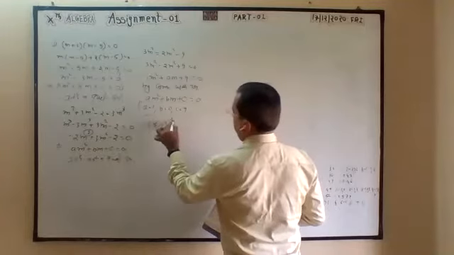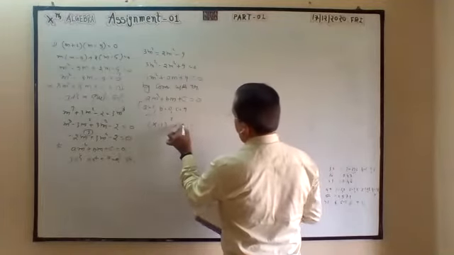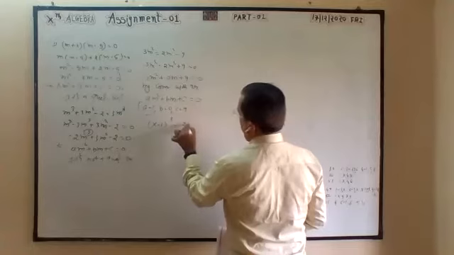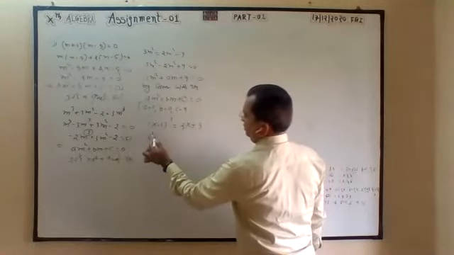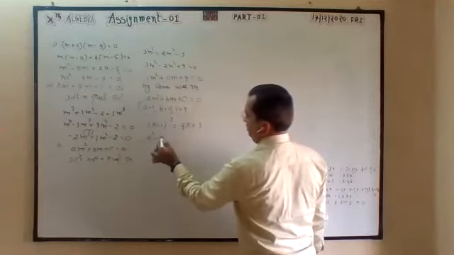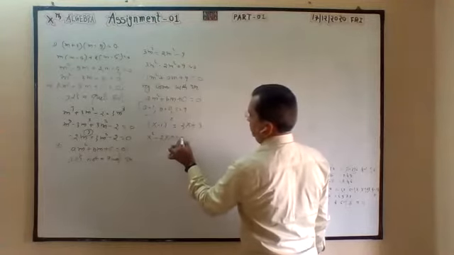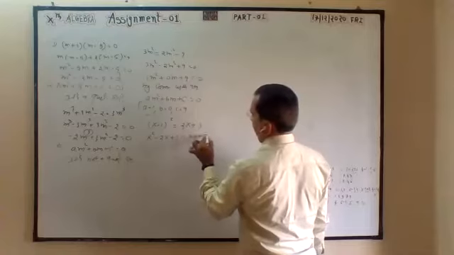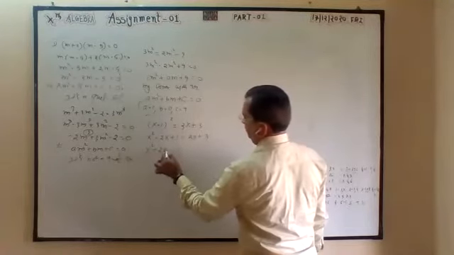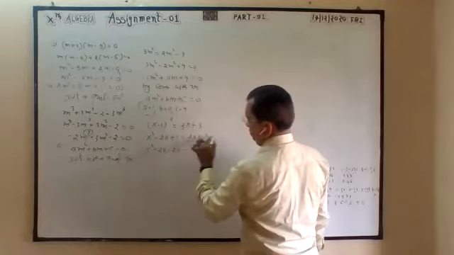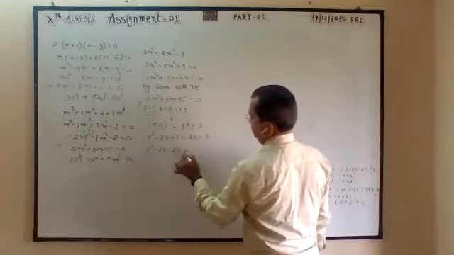x minus 1 whole square, to x plus 3. So a square plus 2ab plus b square. This goes to this side. This also goes to this side.